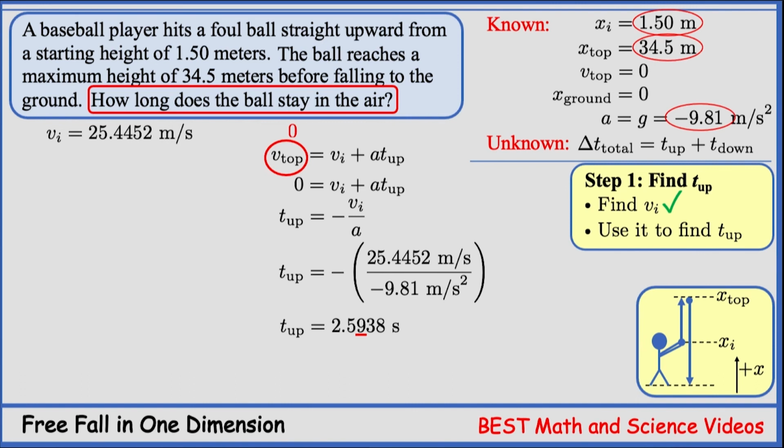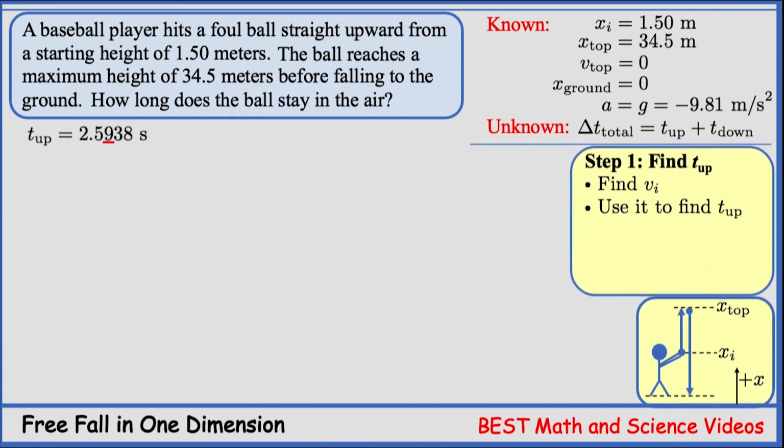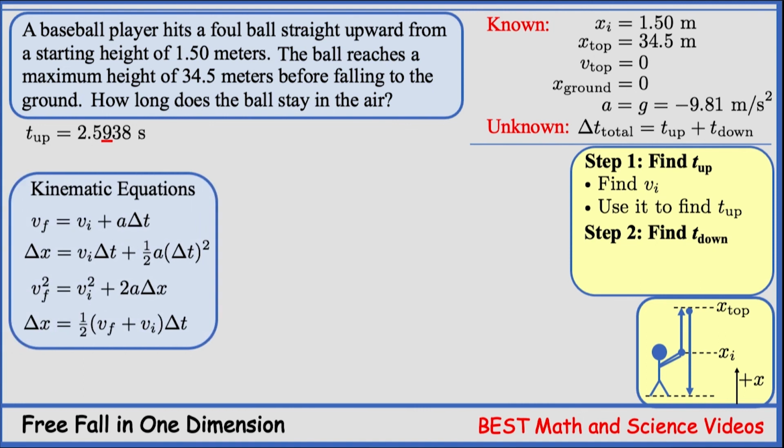Now, step 2 is to find t down, the time it takes the ball to move from its highest point to the ground. This is solved almost the same way. Again, looking at the kinematic equations, you can use the third equation, this time to find vf, and then use vf to find the time for the ball to fall to the ground.